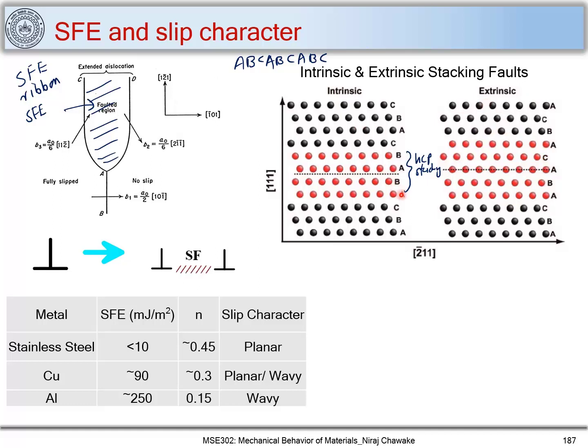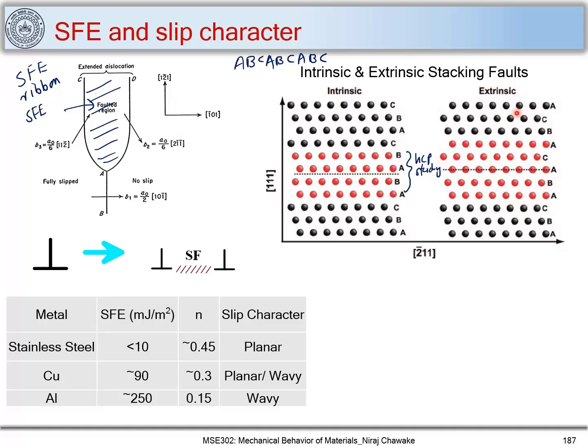Where you have AB stacking or AC stacking or BC stacking, which is nothing but stacking for the HCP crystal structure. If that is present in the FCC crystal structure here, that is called an intrinsic stacking fault. While if you have ABAC kind of stacking, you call it an extrinsic stacking fault.